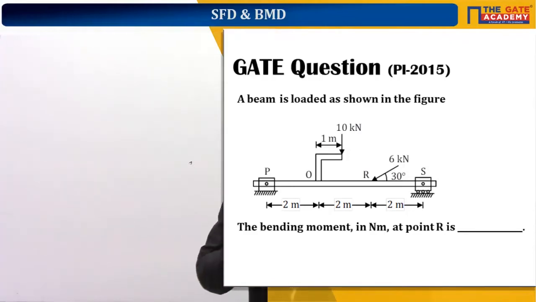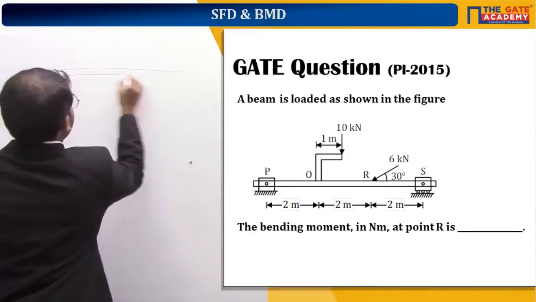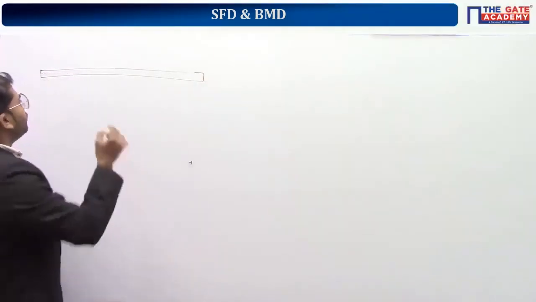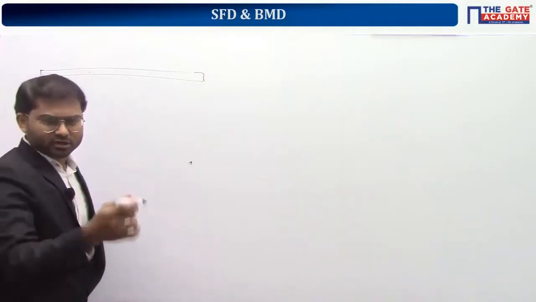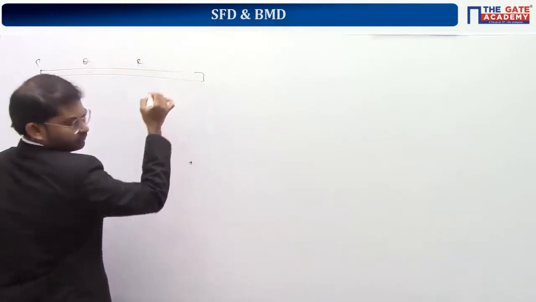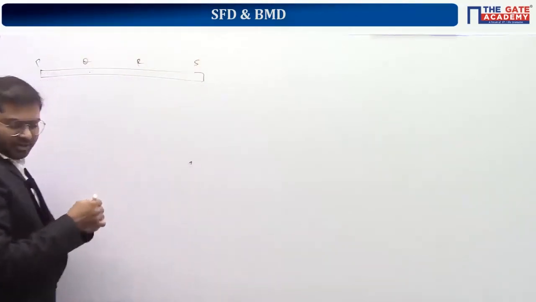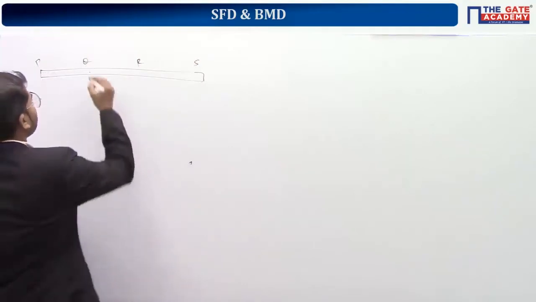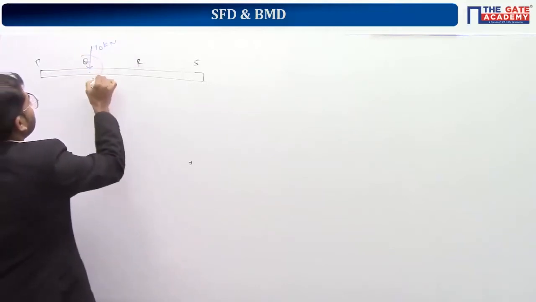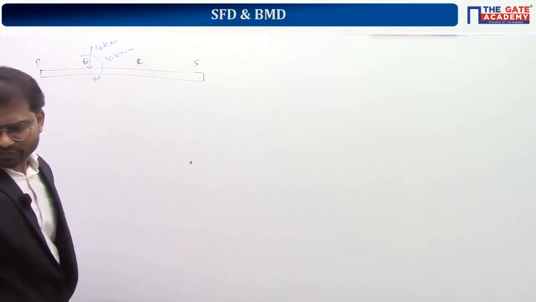So first of all, let me give the explanation for this. So in this one, if you take the whole beam, I hope people have done the transferring of forces. So I'm taking only the vertical forces because they are causing bending. So at point Q, there is an applied force of 10 kilonewton downside and 10 kilonewton meter clockwise.